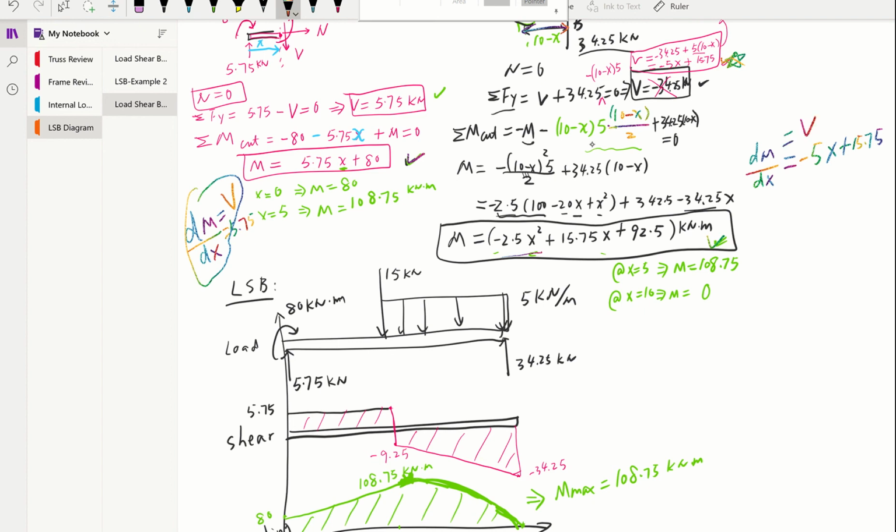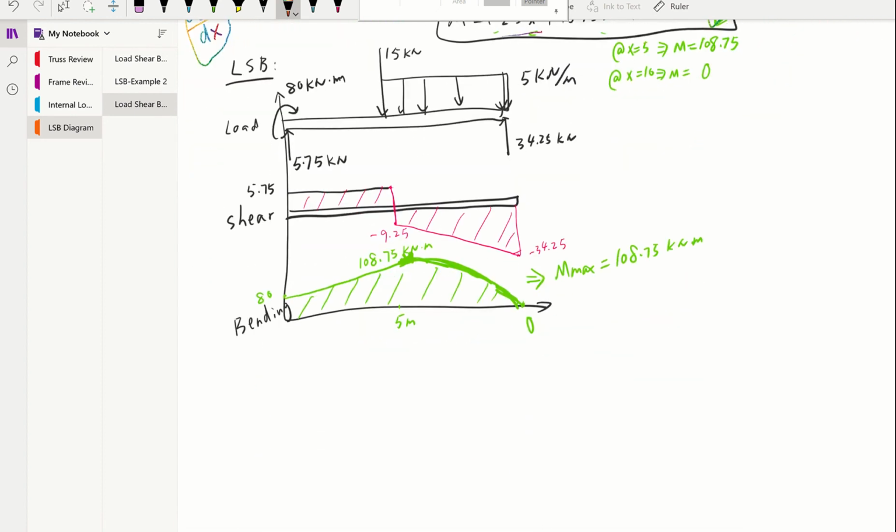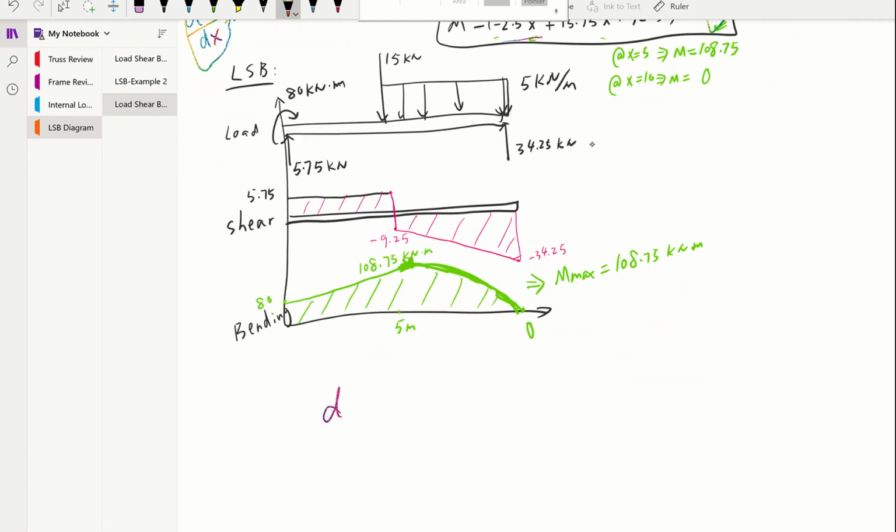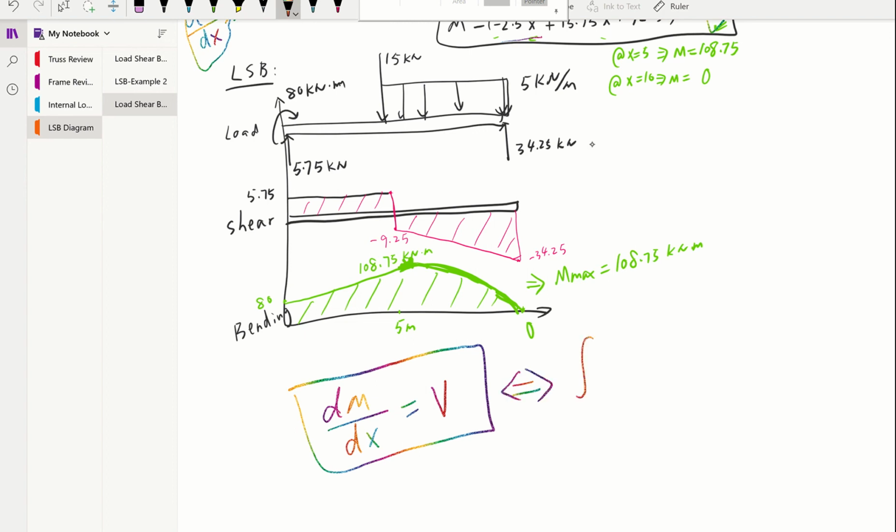So one very interesting thing we're about to discover is that the derivative of bending is going to be equal to shear. Yeah, I'm going to put rainbow color around it because it's that important. So in another way, you could write this: integration of shear is going to be equal to your bending, right?